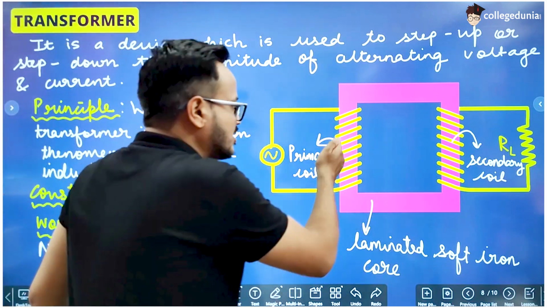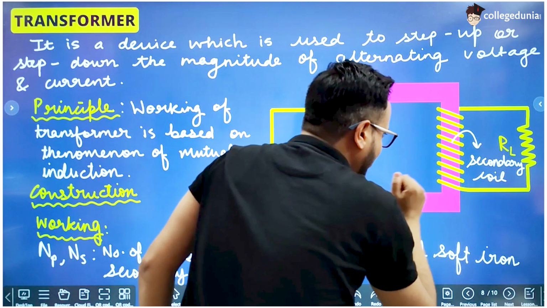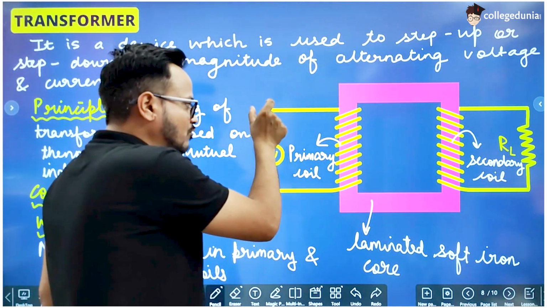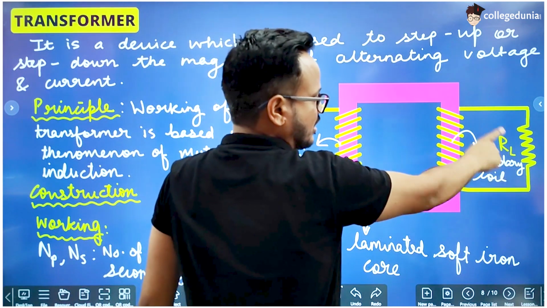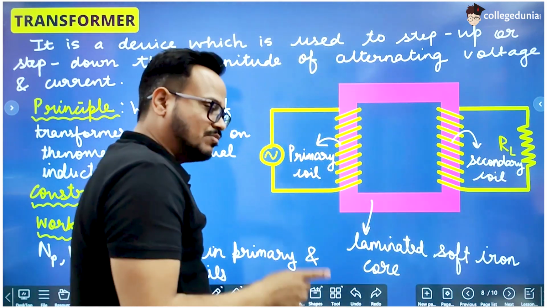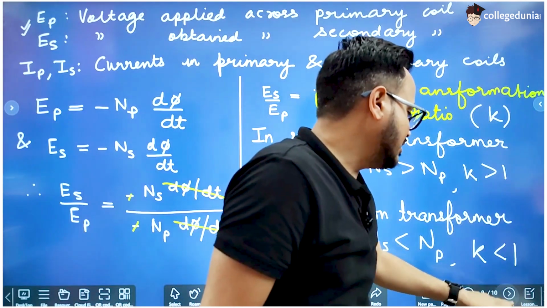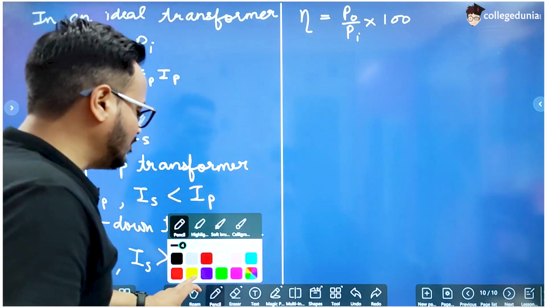If the number of turns in the primary is 50 and in the secondary is 500, so the turns are 10 times, and we apply a voltage of 10 volt, we are not going to get 100 volt, we will get only 80 volt, because the efficiency of this transformer is only 80%. So why is the efficiency of a transformer less?